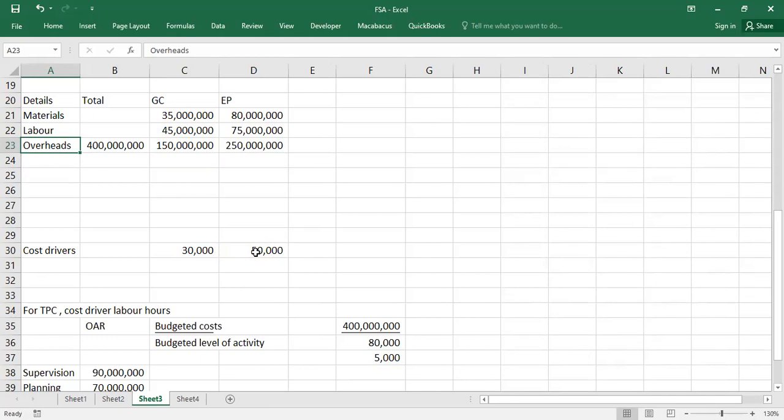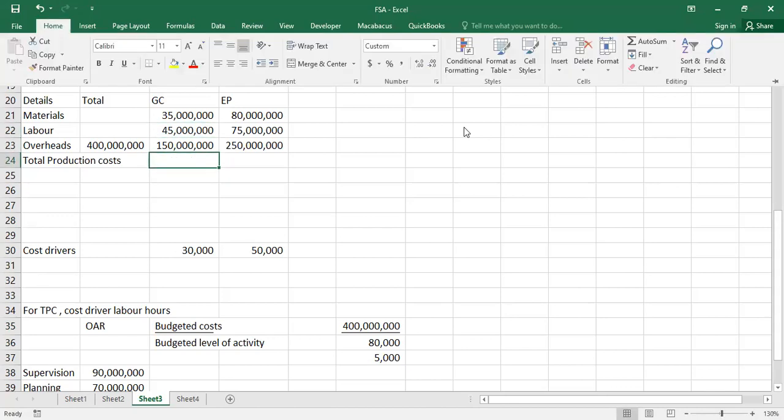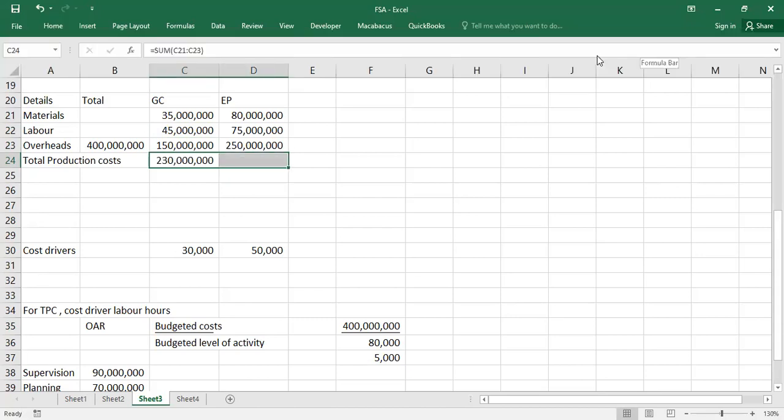Then you add the total production costs. For GC, just add and you get that. And then for EP, you have that. So those are your totals.